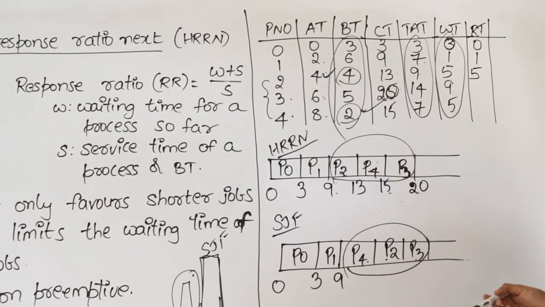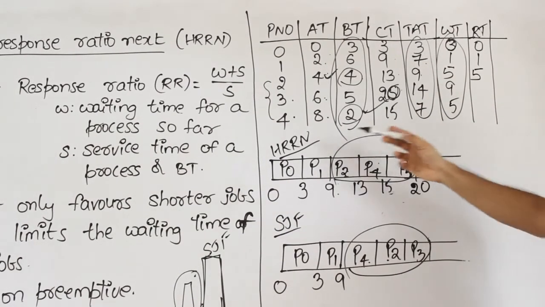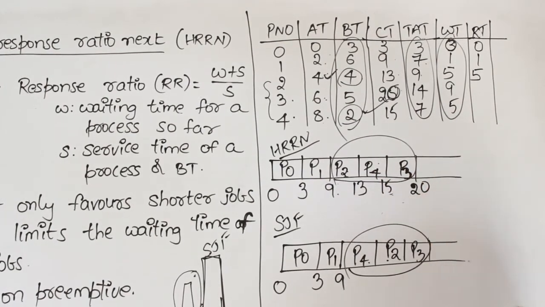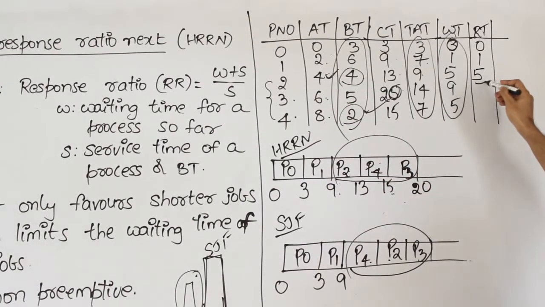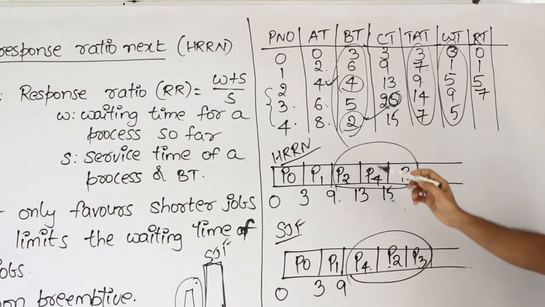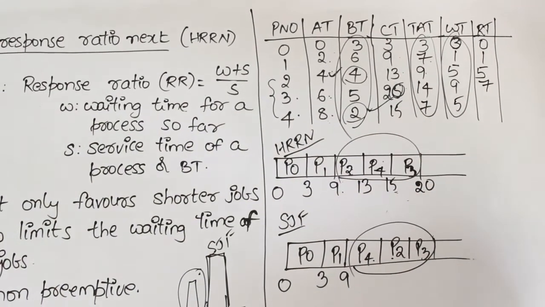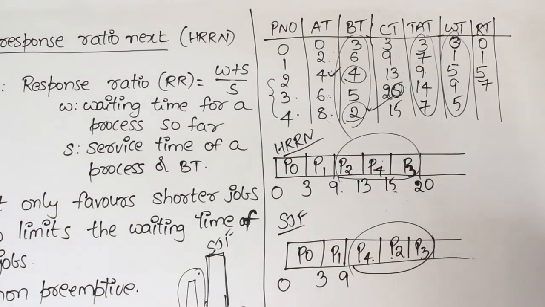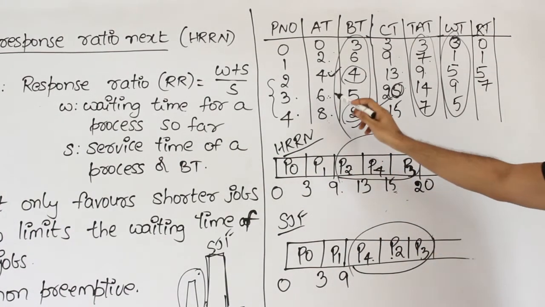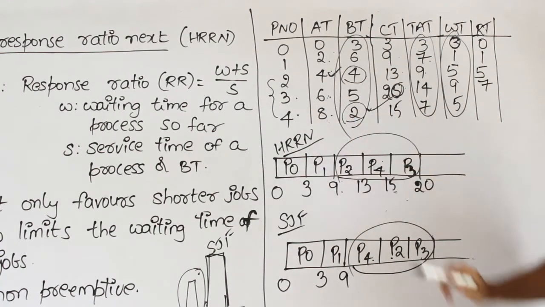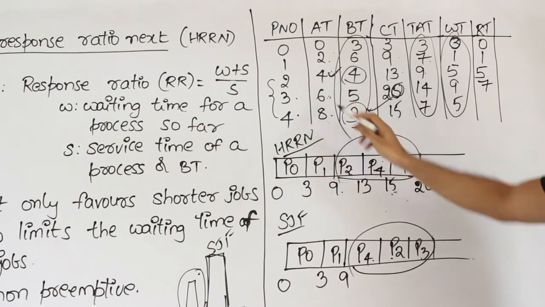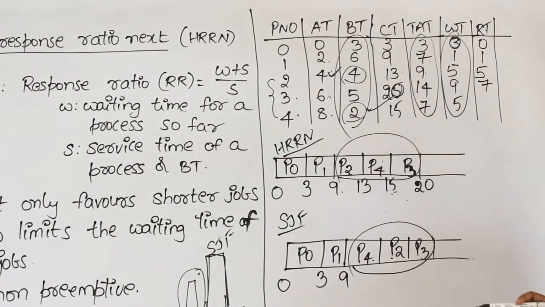And then P4 arrived at 8 and it got scheduled at 15, therefore its response time is 7. I'm getting confused only between P3 and P4, okay. P3 arrived at 6 and then it got scheduled at 15, therefore 6 and 15 is how much? 9, I think. Response time is 9.